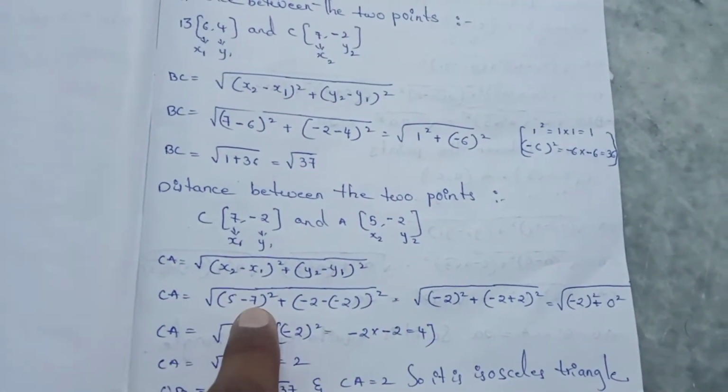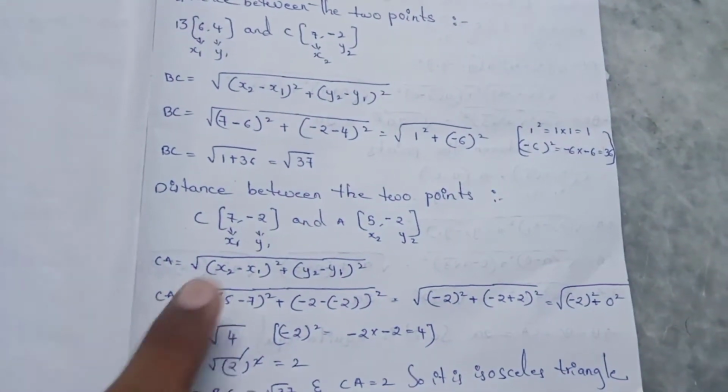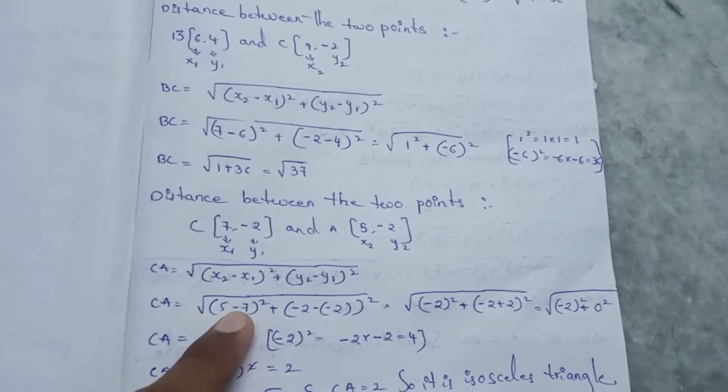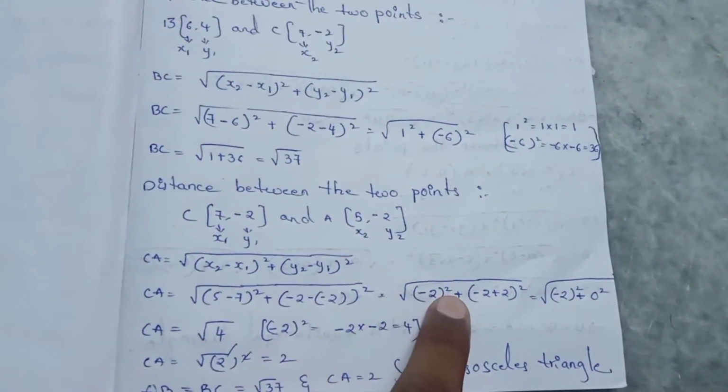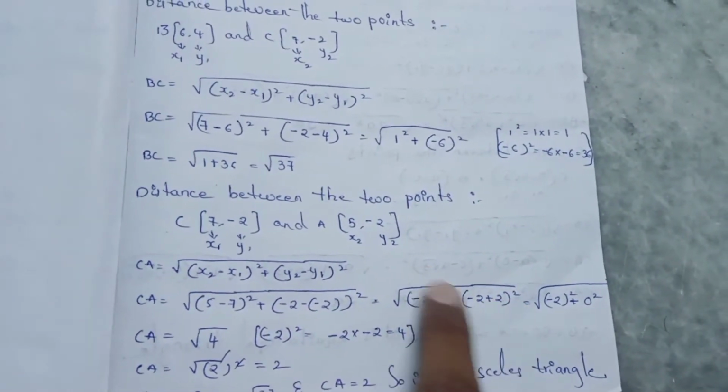Now 5 minus 7, 7 is greater, so 7 minus 5 is 2, and the greater number has the minus sign, so minus 2 whole square plus minus 2 minus into minus plus 2 whole square.